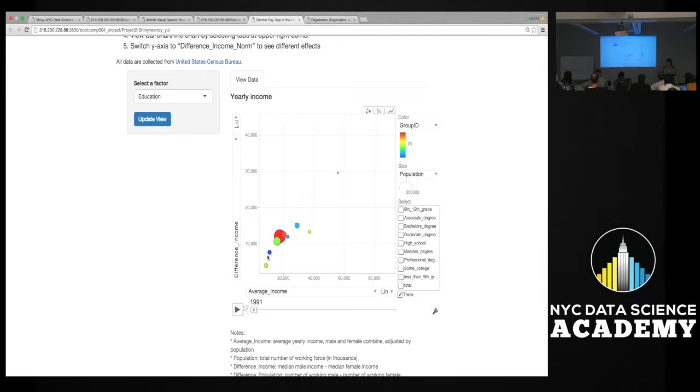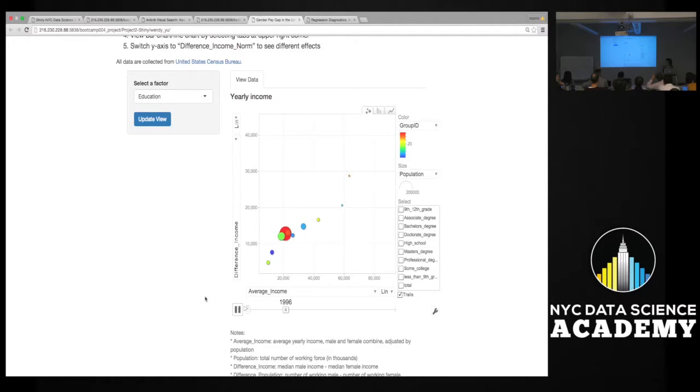For example, if you look at this point right here, it's the population that has an educational background of 9th to 12th grade, and in 1991 the yearly income is 10K, and men are making 7,000 more than women. Let's play this so you can see the changes over time.